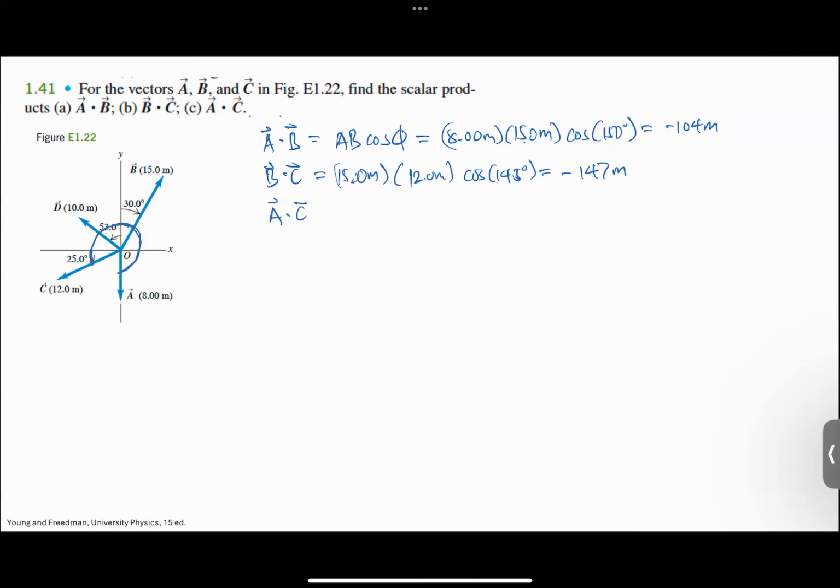And that product ng A and C ay equal sa magnitude ng A, which is 8 meters, magnitude ng C, which is 12 meters, and yung angle between them is 90 minus 25. So cosine ng 90 minus 25 degrees. So that's 40.6 meters.